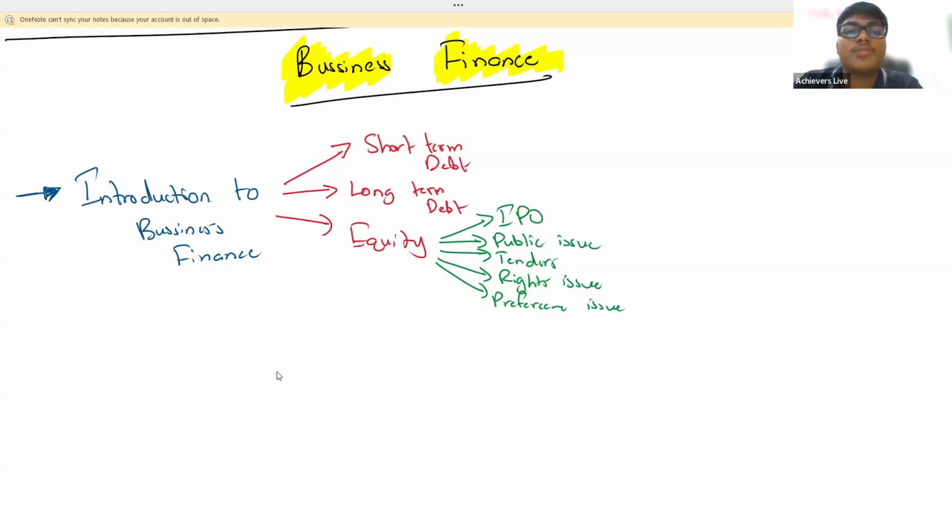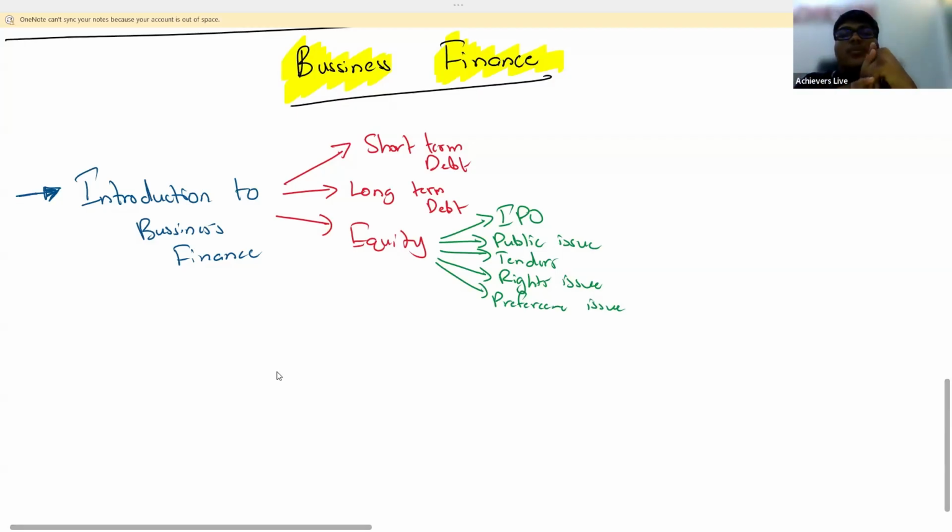Okay. Next, consider what the factors are when choosing between sources of equity. First one, accessibility of finance. Are we able to go for that financing source? For example, a private limited company can't go for a public issue.